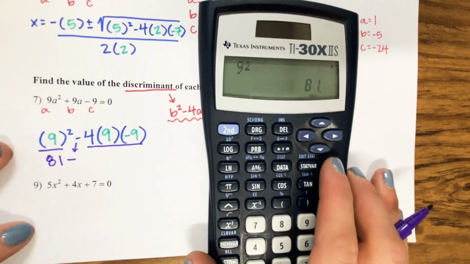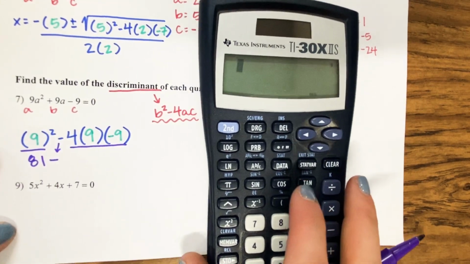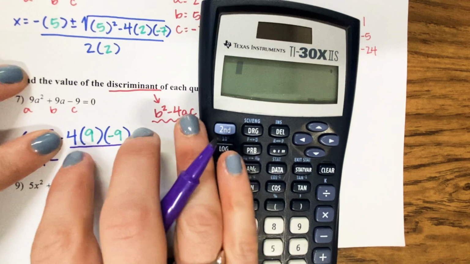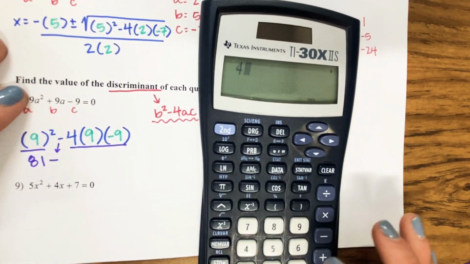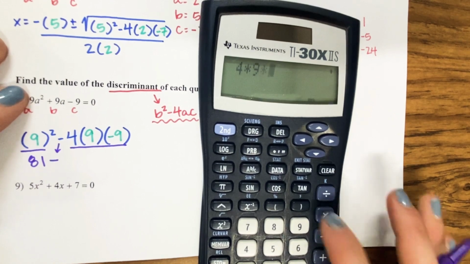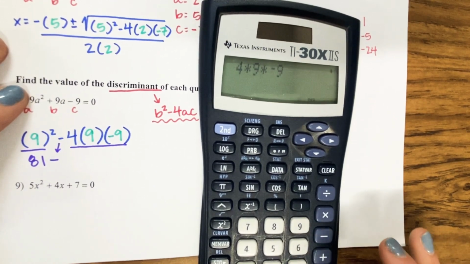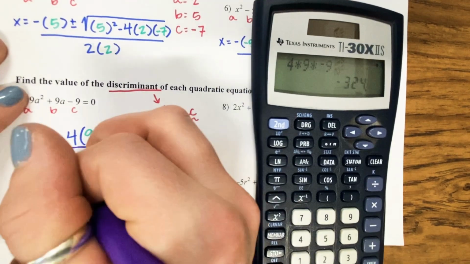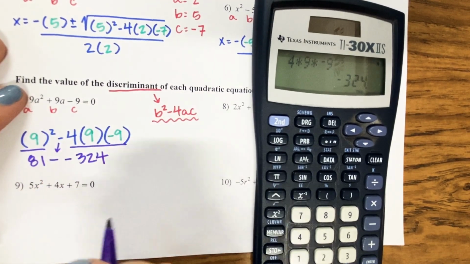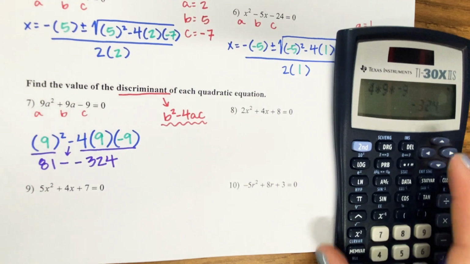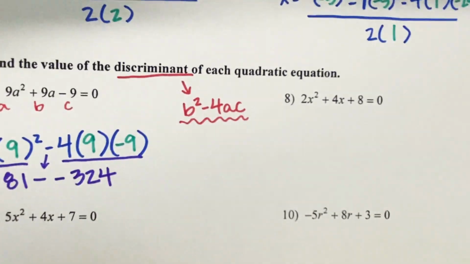Okay, so now I can clear out my calculator. What is 4 times 9 times negative 9? So I'm going to do 4 times 9 times negative 9. That's going to give me a negative 324. Okay, so let's zoom back in.